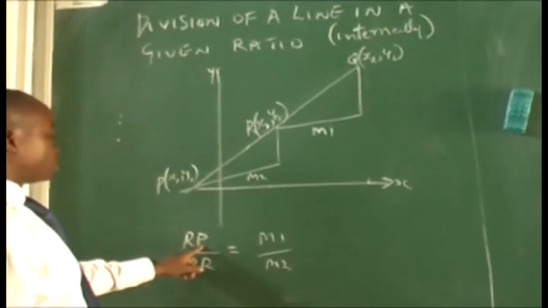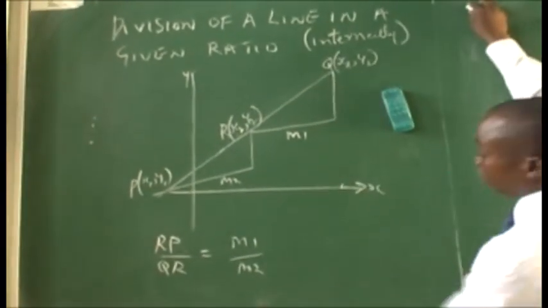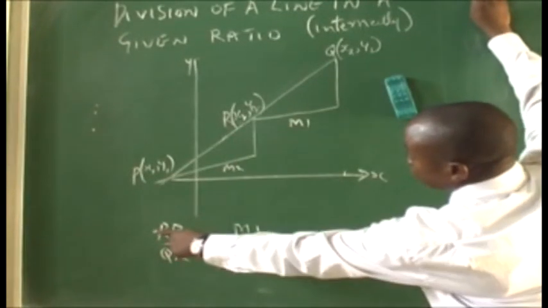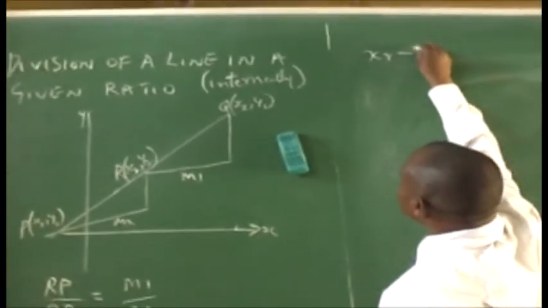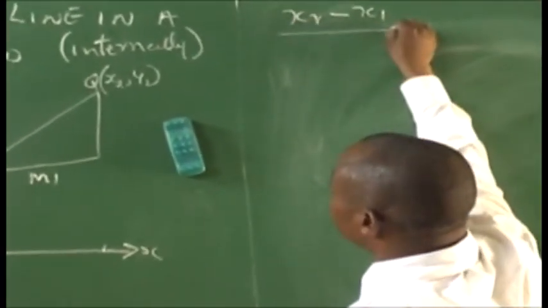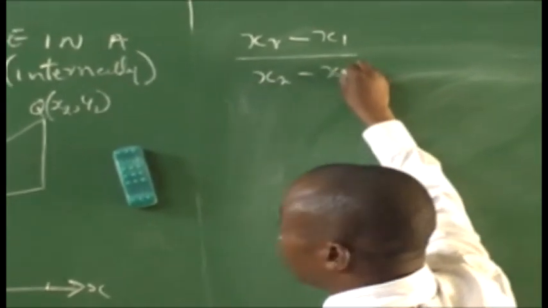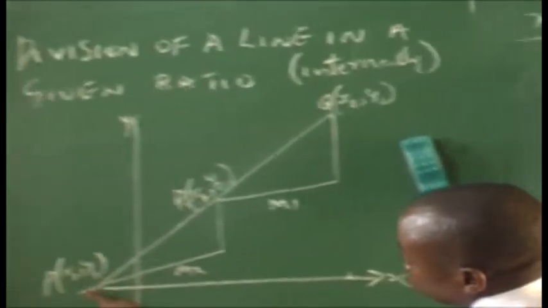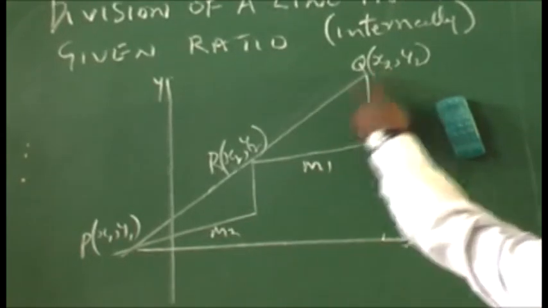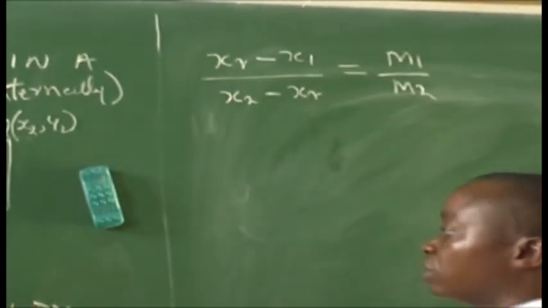Now, if it is so, to get RP, we take SR minus S1 all over S2 minus SR. You see, I'm subtracting this from this. So SR minus S1 all over S2 minus SR will be the same as M1 all over M2.